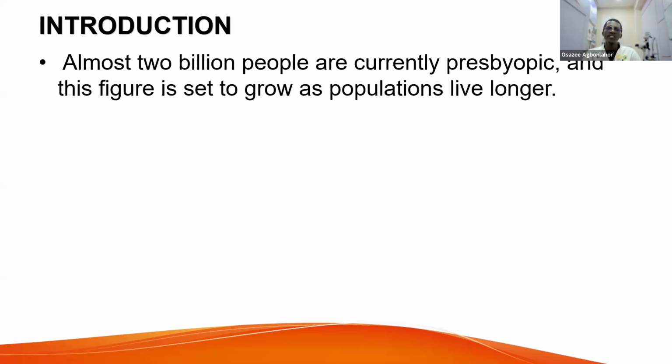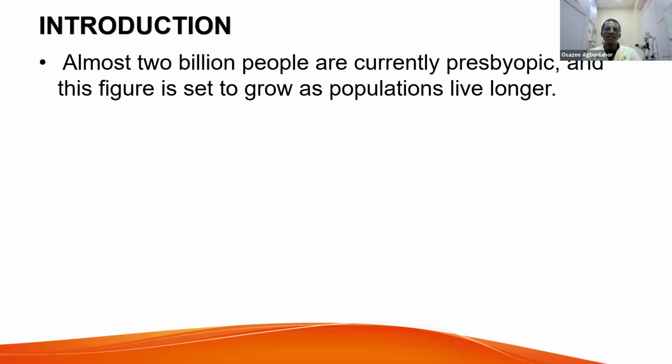So with introducing this module, we know that presbyopia is why I believe that optometrists can never run out of business, because every year you have about 600,000 persons in Nigeria turn presbyopic. That is just for Nigeria statistics, although still not very founded, but it's more globally.